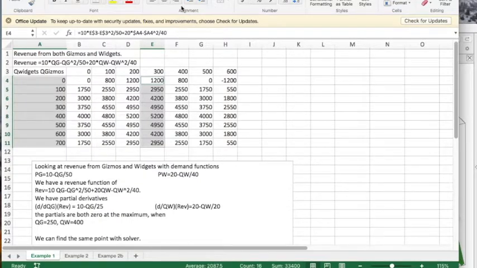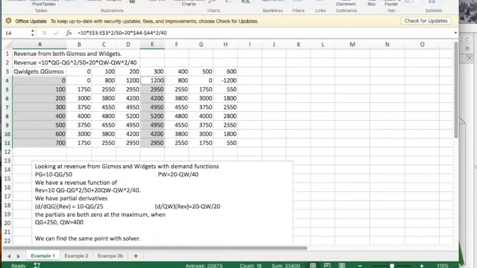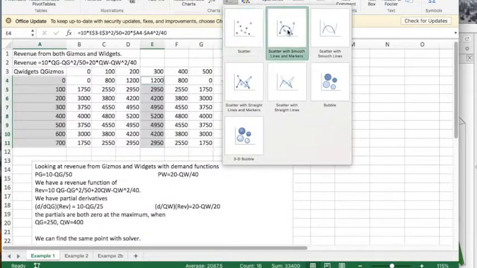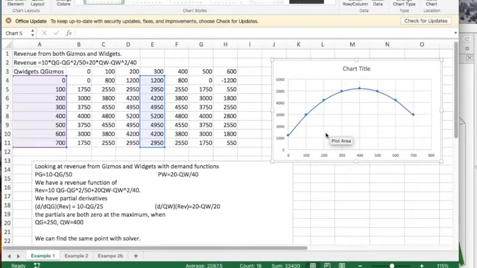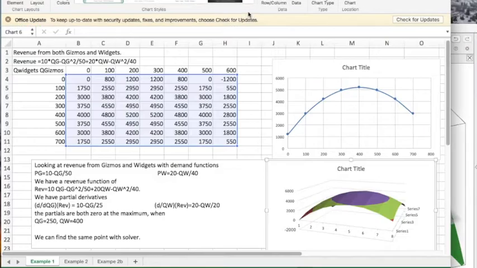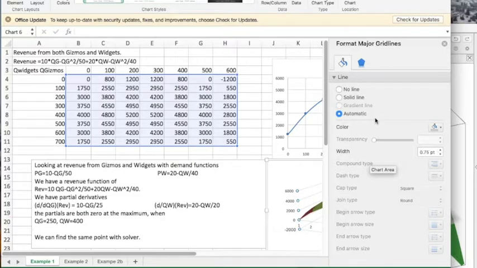I look at that. I insert a smooth scatter plot, and this gives me the revenue in terms of the quantity of widgets, assuming my quantity of gizmos is 0. Now let's see how to take these lines here and turn them into something more useful.